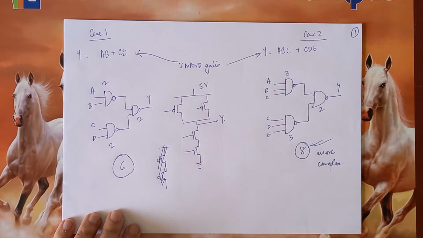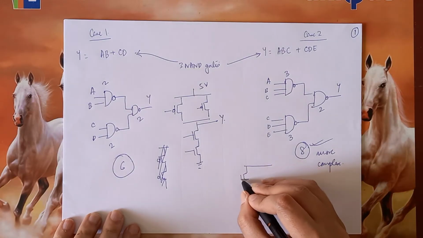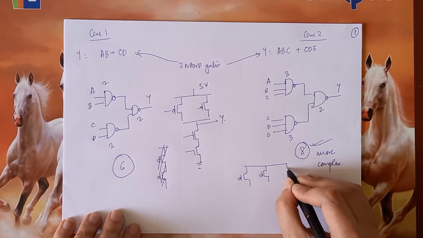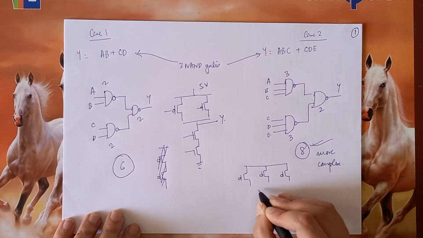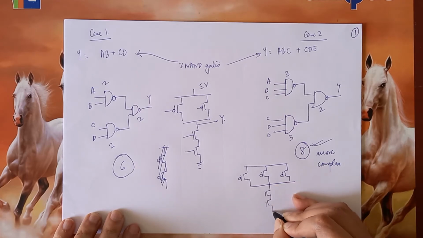Whereas a 3-input NAND gate would look like this. There would be 3 PMOSes in parallel because there are 3 inputs, followed by 3 NMOSes in series.